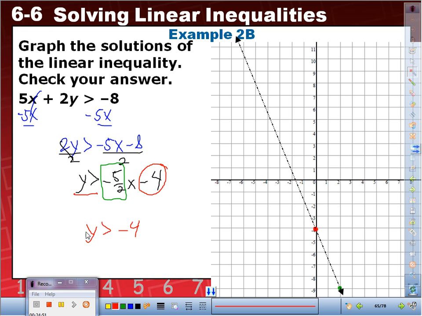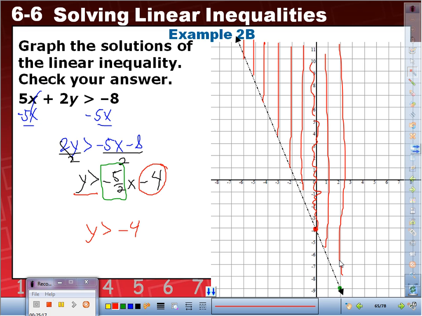Y is greater than negative 4. Negative 3, negative 2. In what section is this at? In this section or this section? So therefore, we're going to shade everything above the line. Everything above the line. Does everybody see that? Okay.